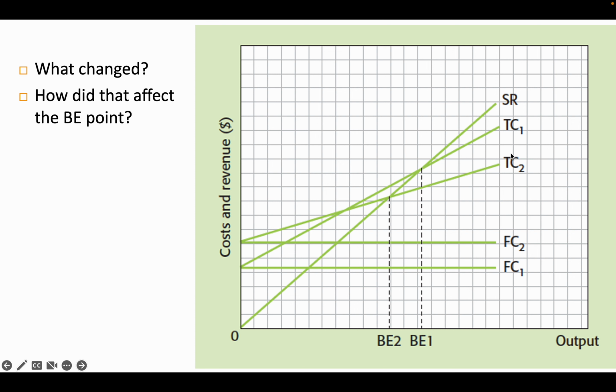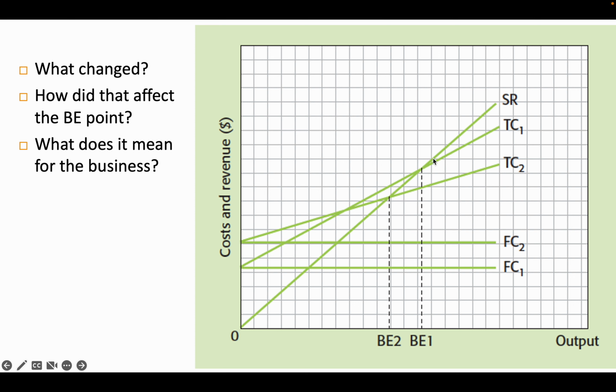So the total cost line is downward sloping compared to the total cost line number one. Sales revenue stayed the same. And now, what does this mean for the business? How did that affect the break-even point?